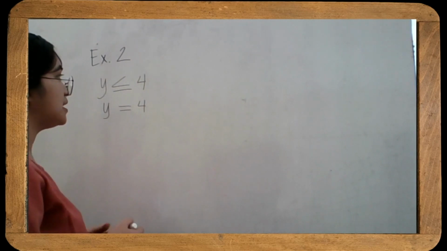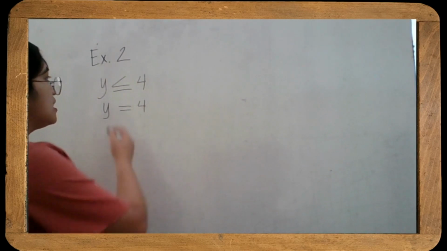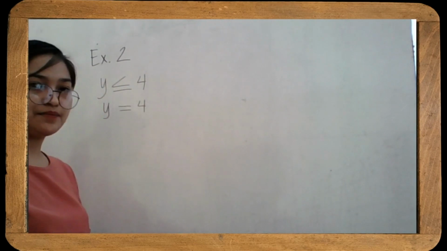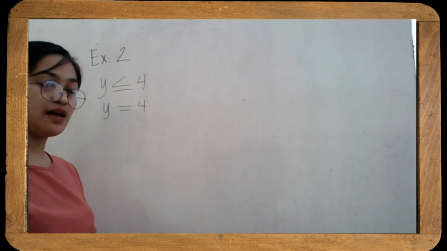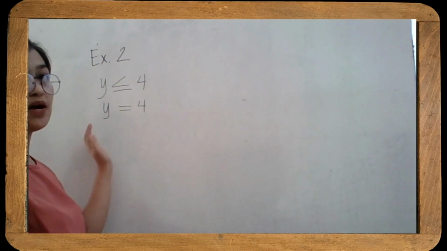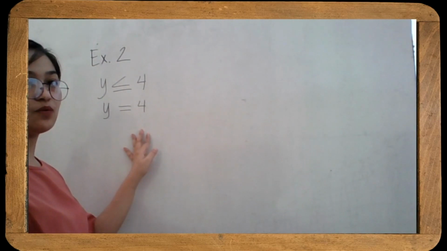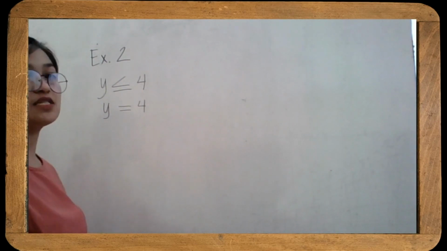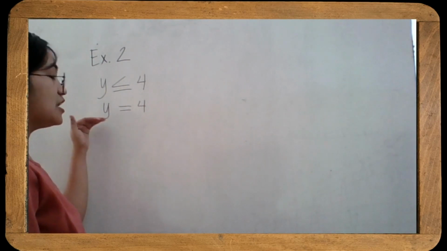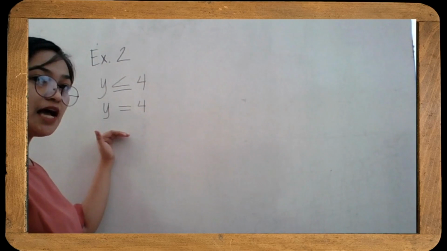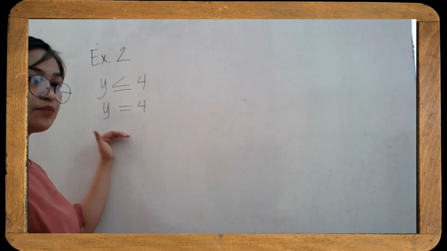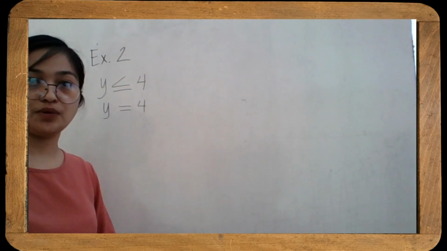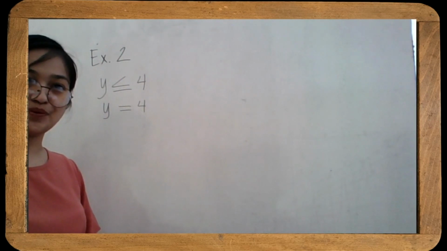So that means magre-remain tayo sa ating given na y is less than or equal to 4. Okay? Then for the next step, since wala naman tayong ginawa na kundi nagpalit lamang ng equal sign, wala tayong dinivide kasi wala naman pong coefficient si y, and naka-slope intercept form na din siya, so proceed tayo with step number 2, which is finding for the slope and the y-intercept.